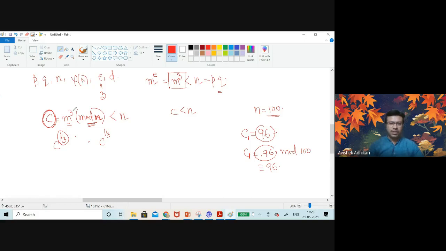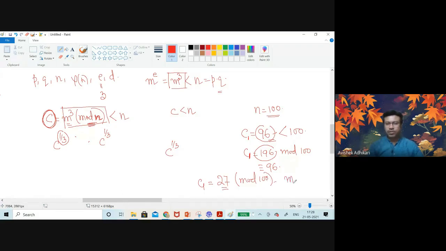But look at this important observation: since this is 96 and you know that this is strictly less than 100, that means the cube root of C will also be less than 100. For example, suppose this is 27, C1 is 27 modulo 100, and you know that this value is strictly less than 100.